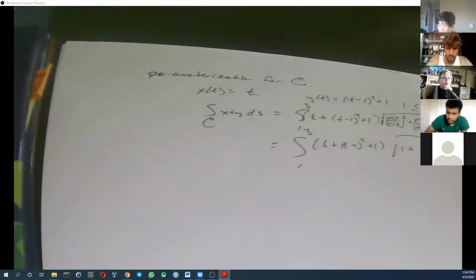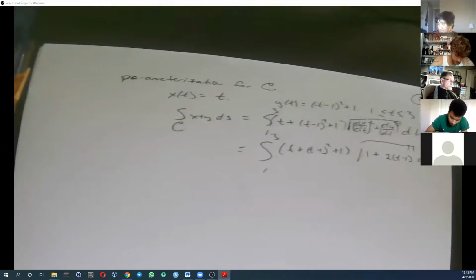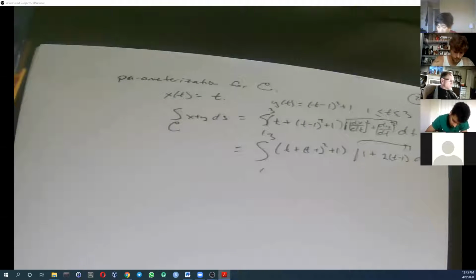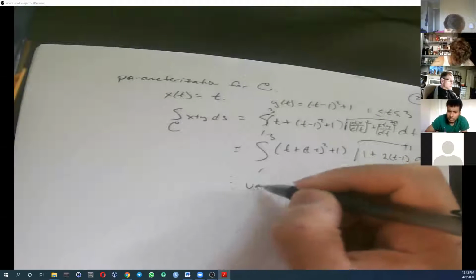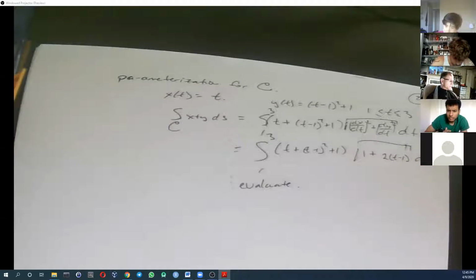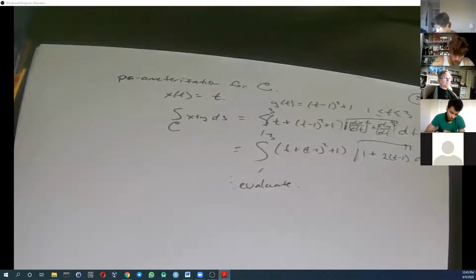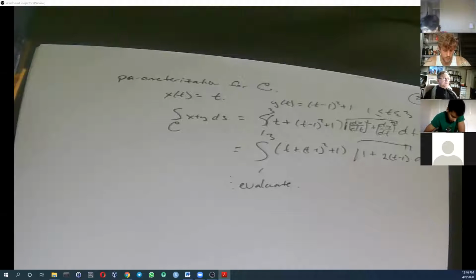And then you evaluate. Questions? I have a question. The first part, t plus (t minus 1) squared plus 1, that's our parameterization of the function in the integral we're given.